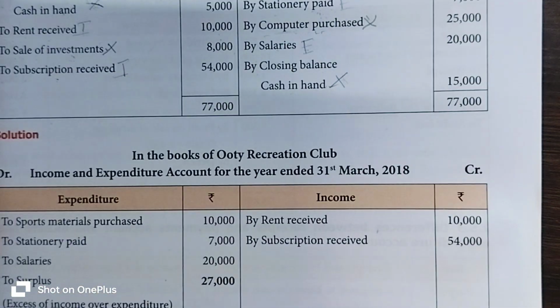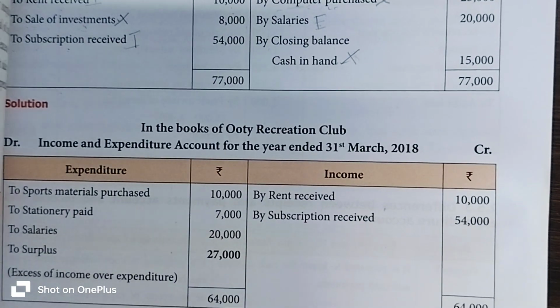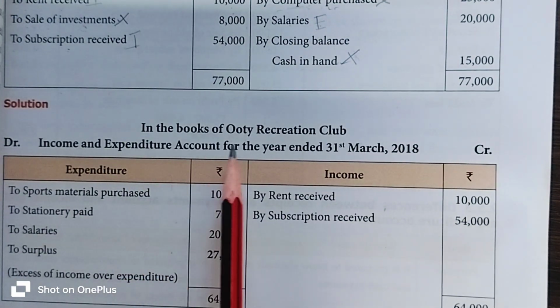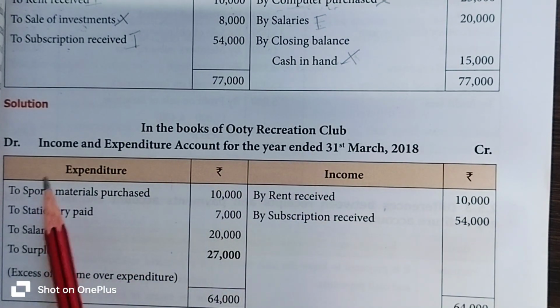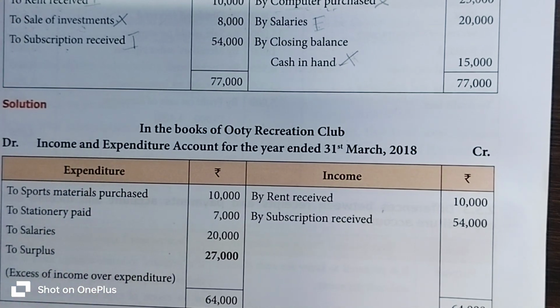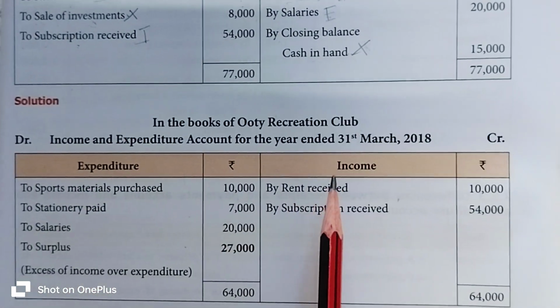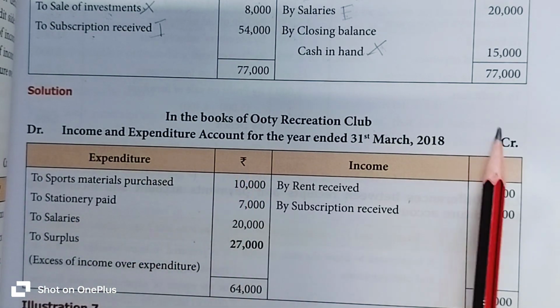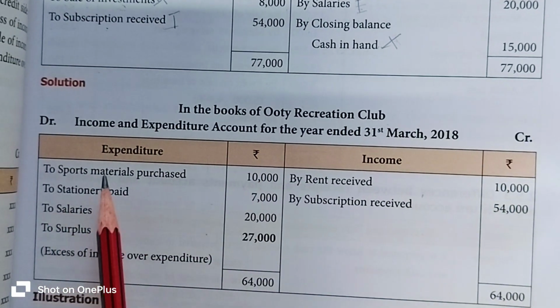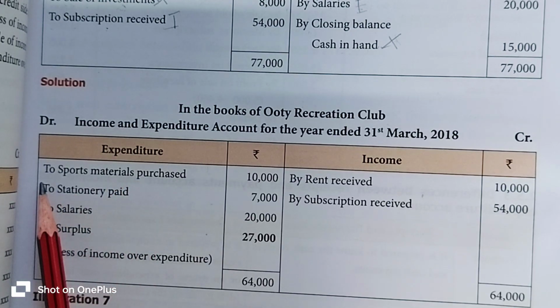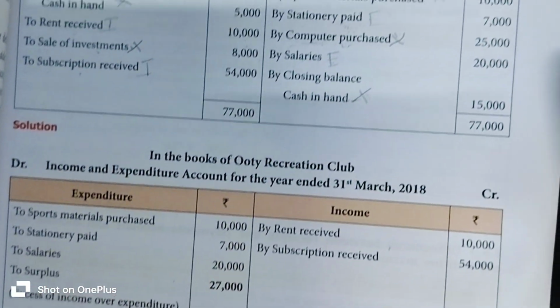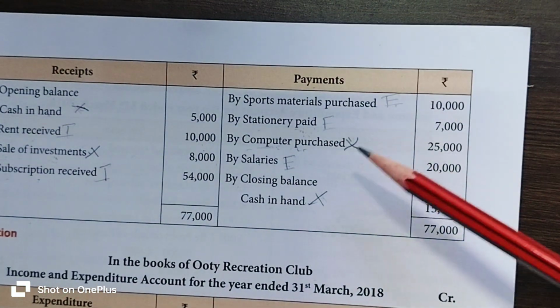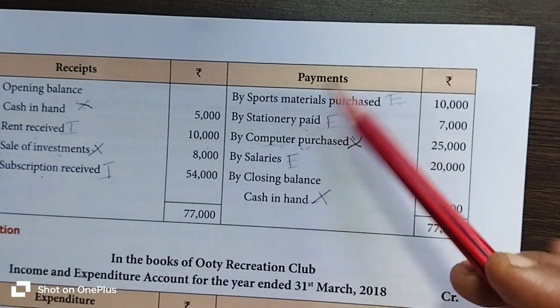Now we are going to prepare the income and expenditure account. The heading is in the books of Ooty Recreation Club, income and expenditure account for the year ended 31st March 2018. Debit, expenditure, rupees; credit, income, rupees. On the expenditure side, you enter the items related to revenue expenditure, which we already marked.